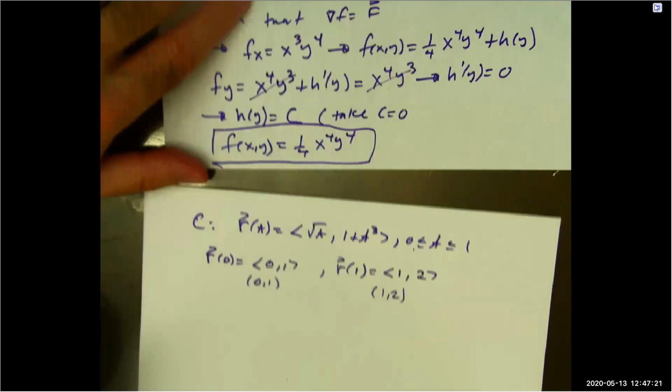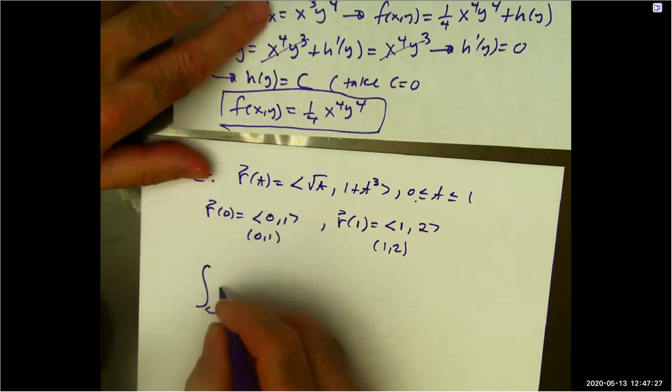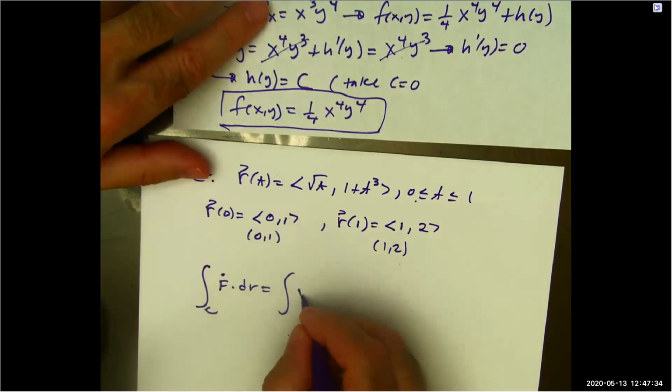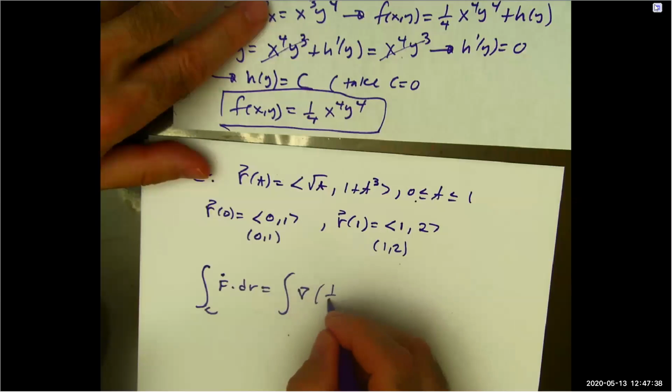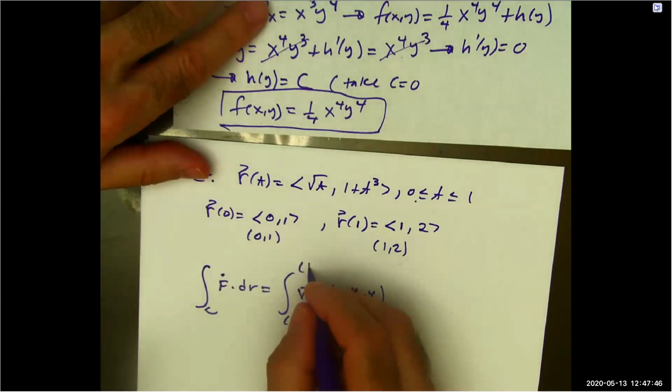And so what we have then is that our line integral over our curve of F dot dr is going to be equal to our potential function, which was 1/4 x to the 4th, y to the 4th. And then we just need to put the endpoints in, (0, 1) and (1, 2).